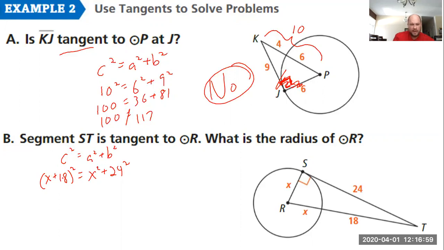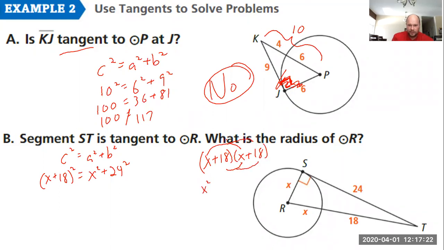If you don't remember that pattern from Algebra 1, you could just multiply it out using FOIL, and that would work as well. So I'm going to show the work for FOIL off to the side here. We have x plus 18 times x plus 18. The x gets distributed to both, and the 18 gets distributed to both.